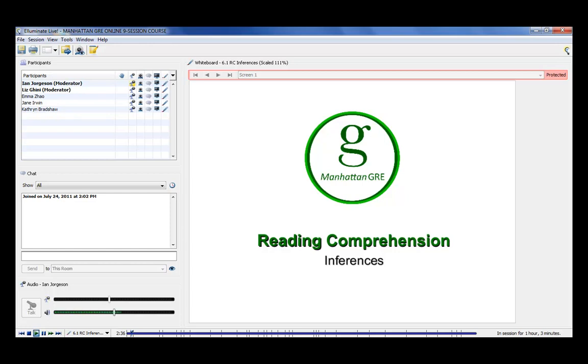For these shorter passages, we probably don't need to do a tremendous amount of notating, but we still want to do all the good stuff that we did with the longer passages, which is trying to figure out what the big, broad picture is, what the author's main point is, what the author's attitude or tone, if there is one, is, and then how that relates to the specific question.